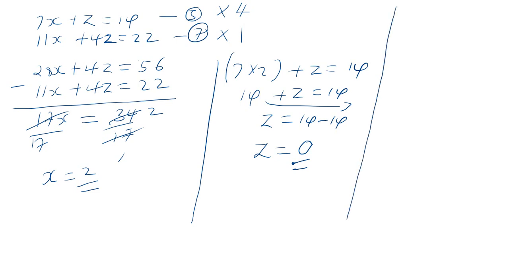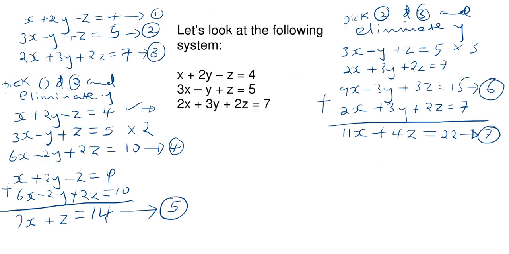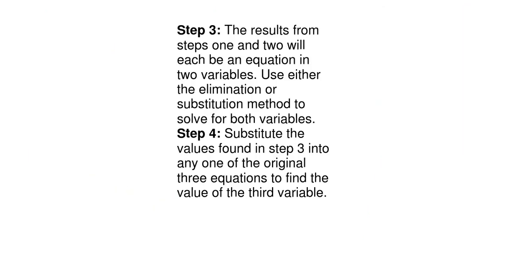Now, as you can see, we have gotten x and we have gotten z. As our last step says, we substitute the values found in step 3 into any one of the original 3 equations to find the value of that variable.